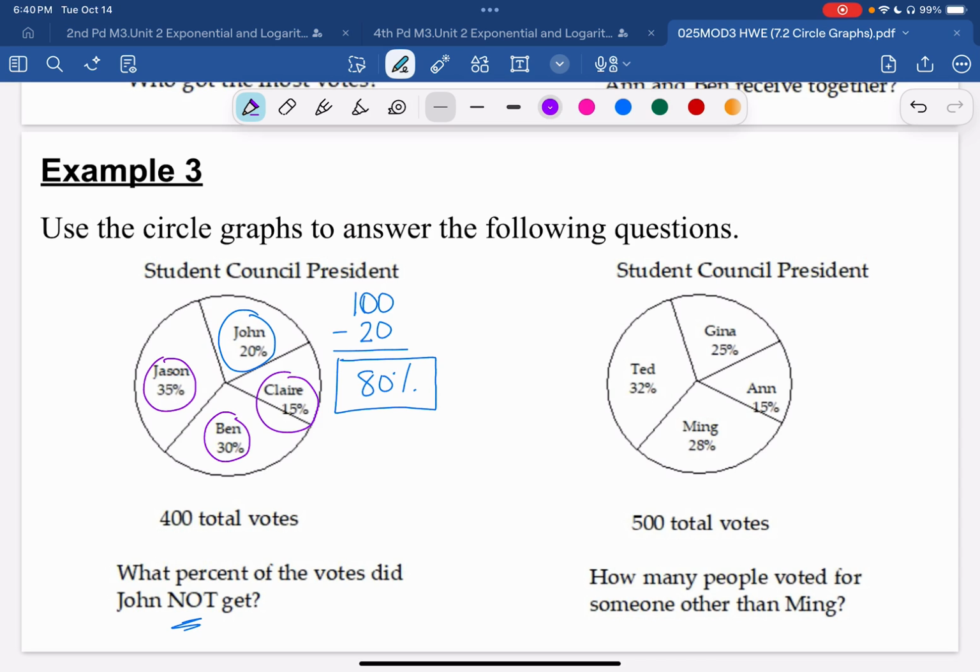Last example, how many people voted for someone other than Ming? Okay, again, we could look at this the same way we did the last one. If Ming got 28% of the vote, and we want to know how many people voted for someone other than Ming, that means that percentage-wise, that leaves 72% did not vote for Ming.